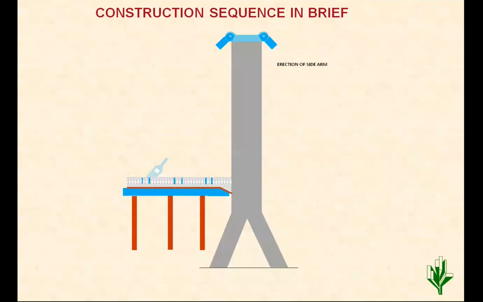After doing the concreting, after the concrete achieves the strength, some hanging arrangement is made. These two are the hangers which are connected to the lower beams, and they are supported on the completed concrete work, that is the longitudinal beams.